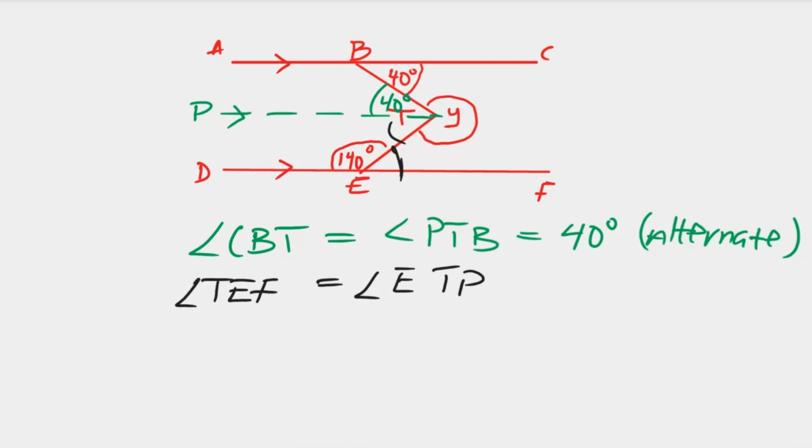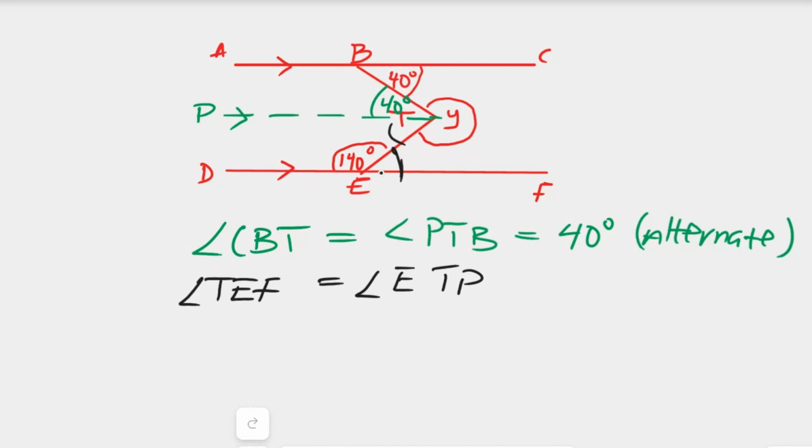But the question is, we don't know this angle, so we can't find this angle too. But we can use an angle property to find this particular angle. And which property are we going to use here? That is angles on a straight line, right? So we can just pause and work out the value of that before we continue. So let me work it here.